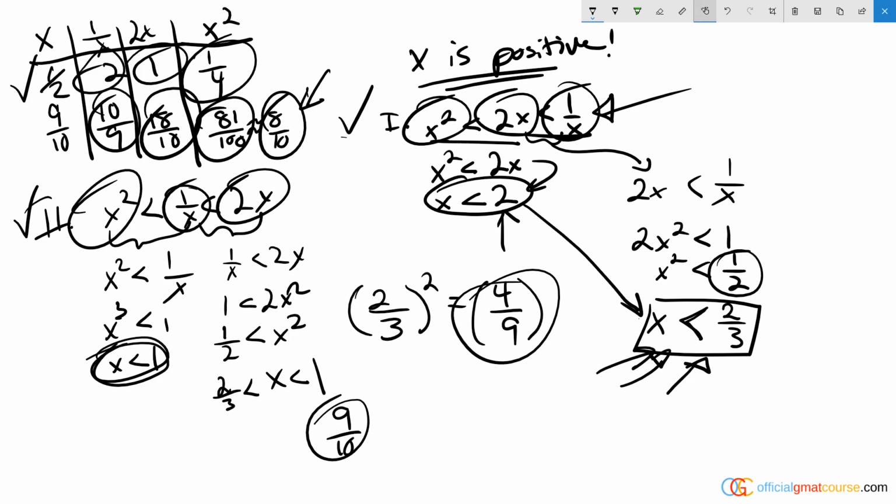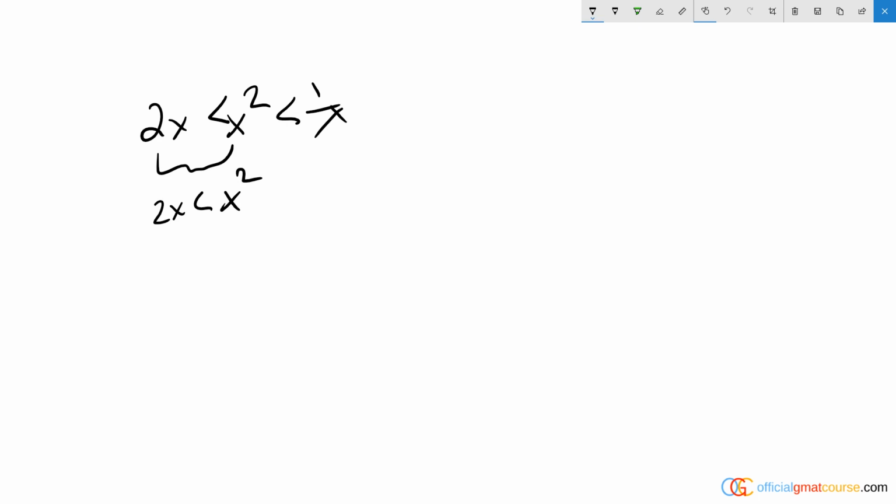The third statement, if we look at that, is not going to be possible. And the reason is, if we take it and break it down, 2x is less than x squared is less than 1 over x. Take the first part. If I take 2x is less than x squared, that means 2 is less than x cubed, which means x is greater than the cube root of 2.